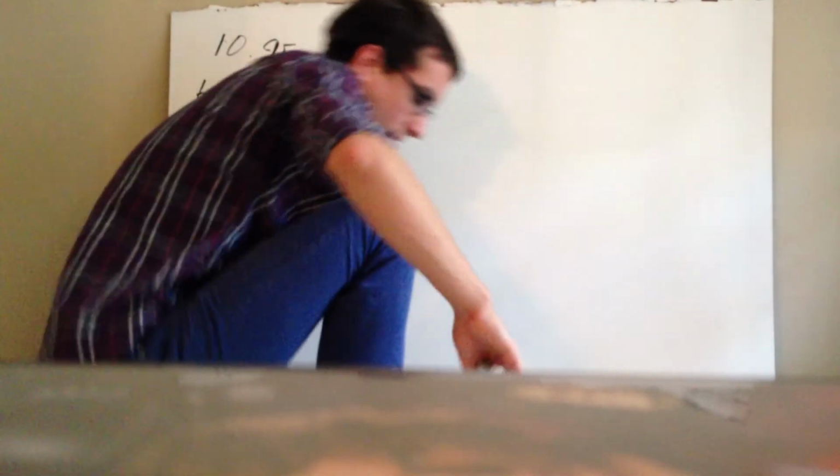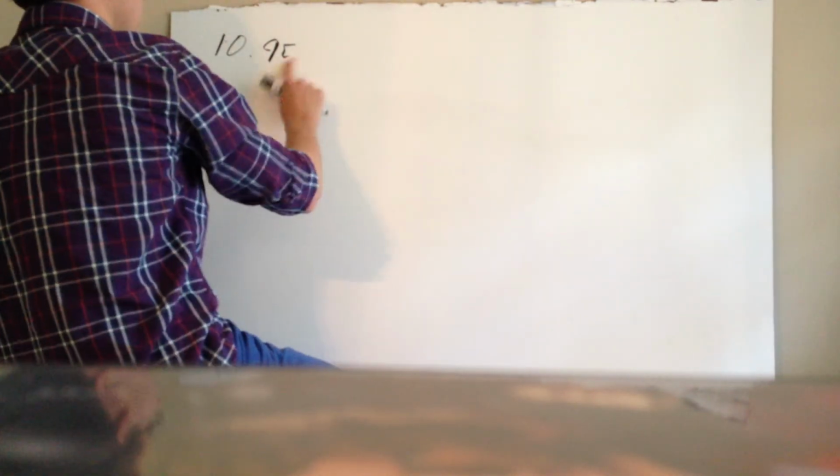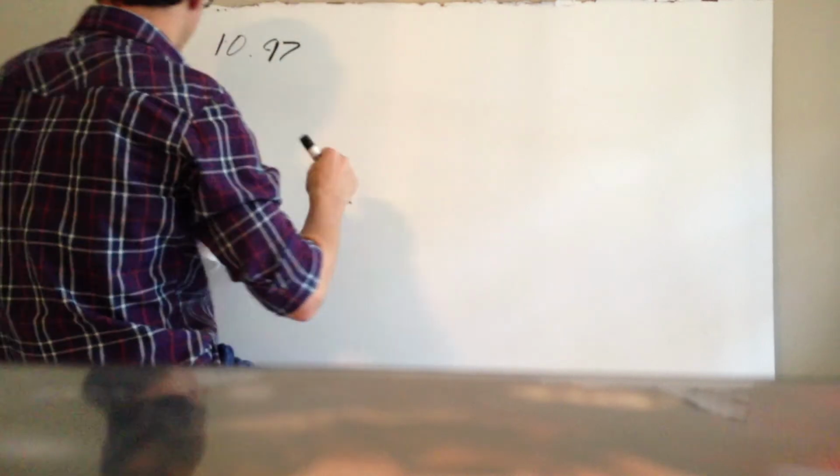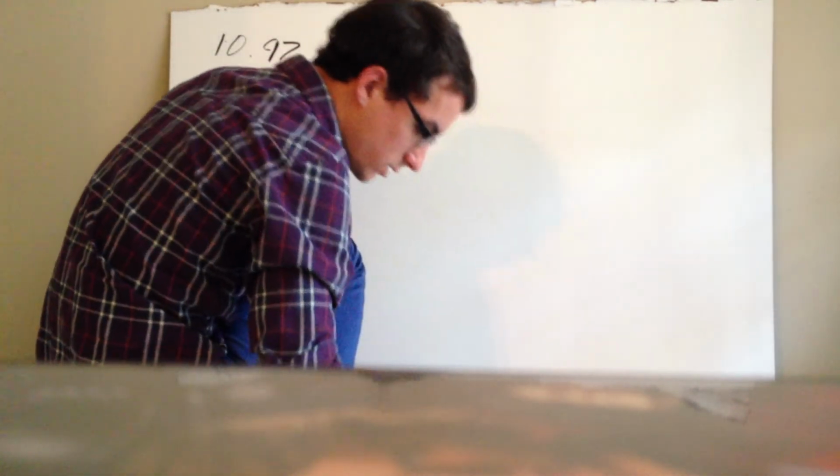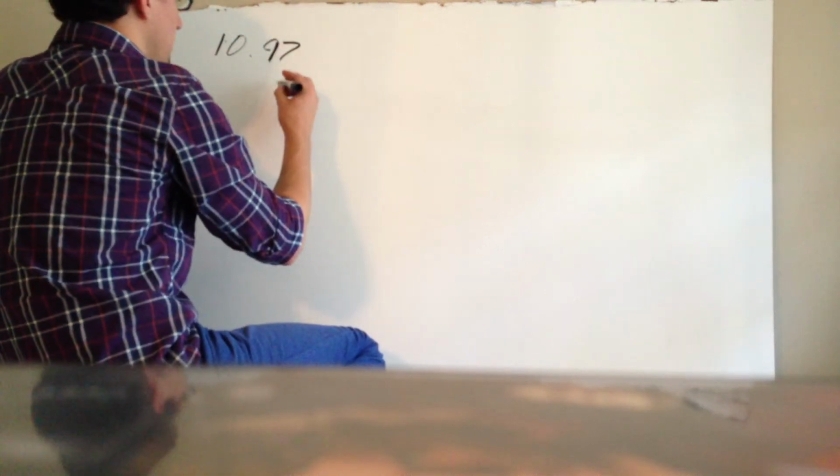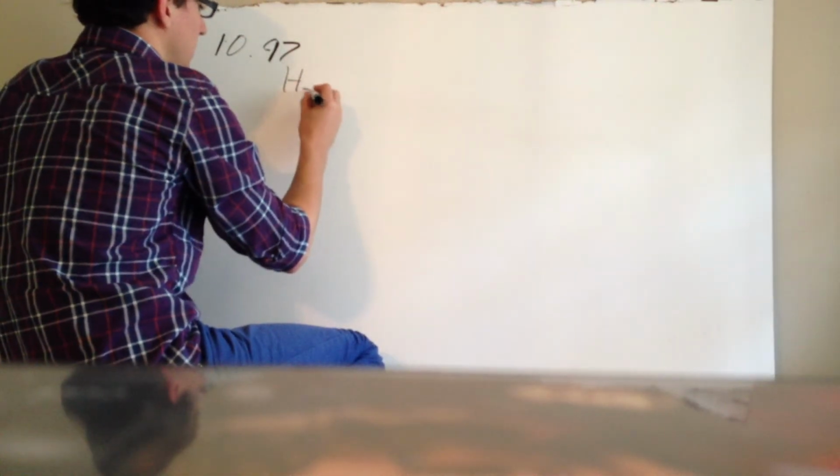So let's plug in what we have. We have 45.6 milliliters of NaOH, and we'll start with that. Actually, first let's draw our chemical equation. That would be a better place to start.